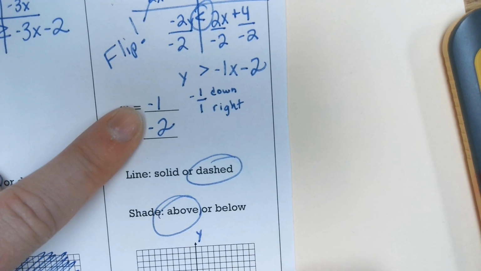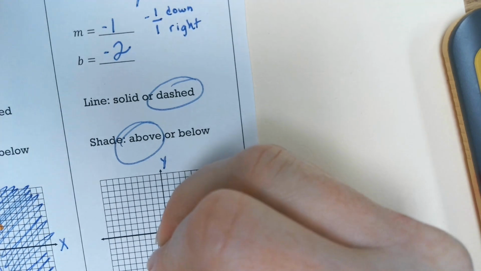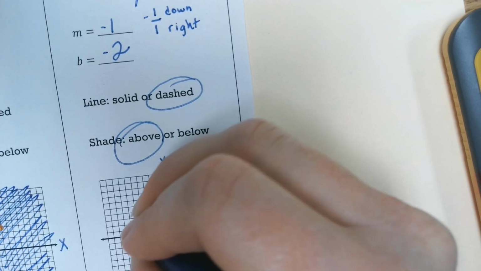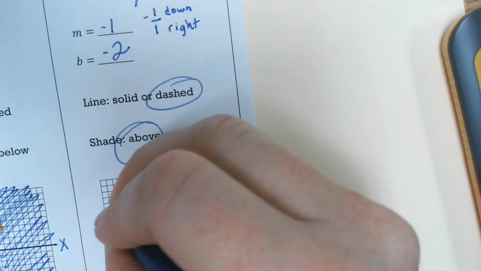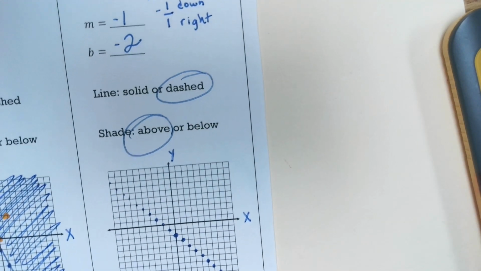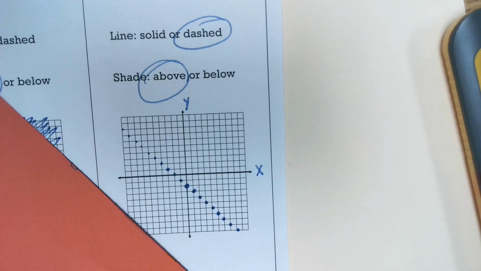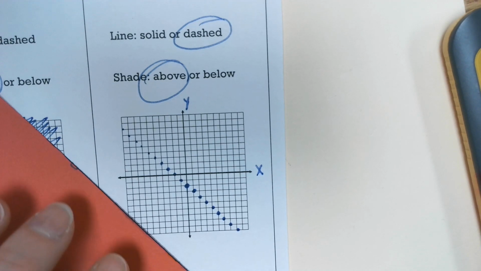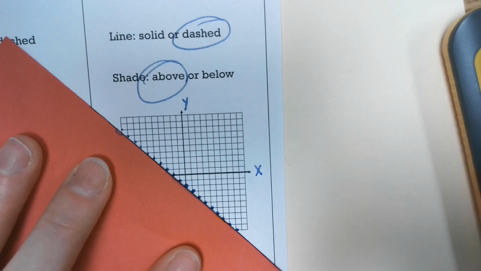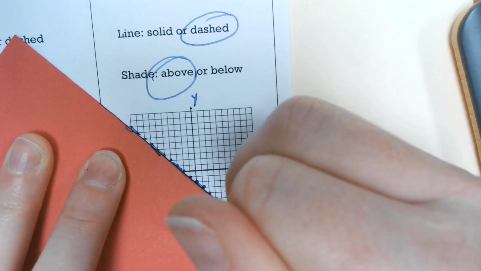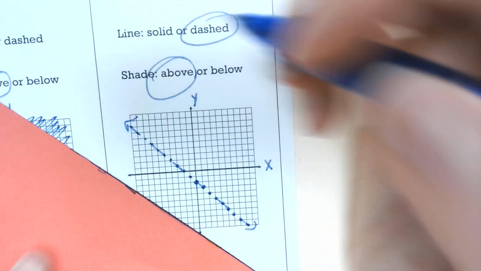Make all your pretty points. Then go up 1, left 1. Dash your line. Put arrows on the end.